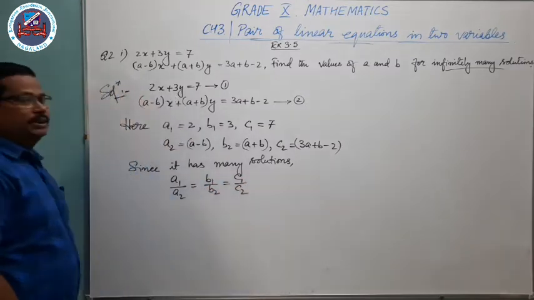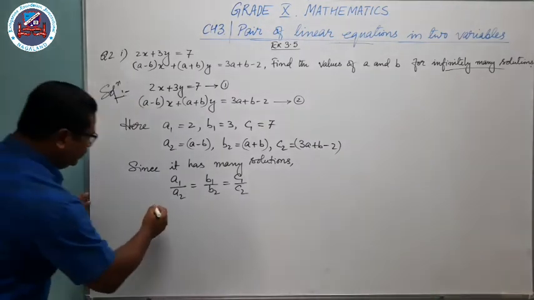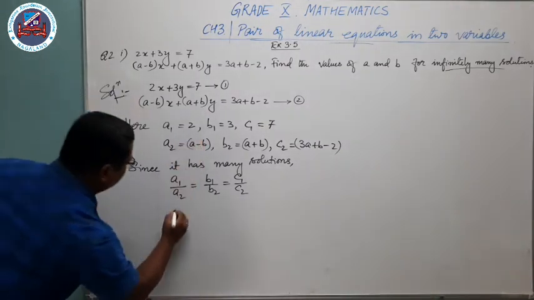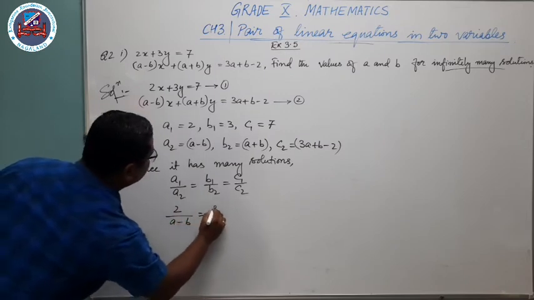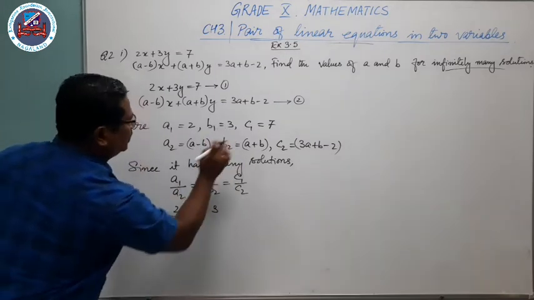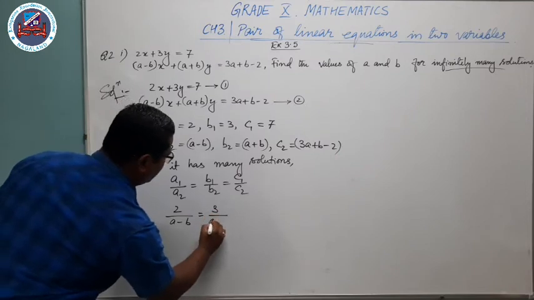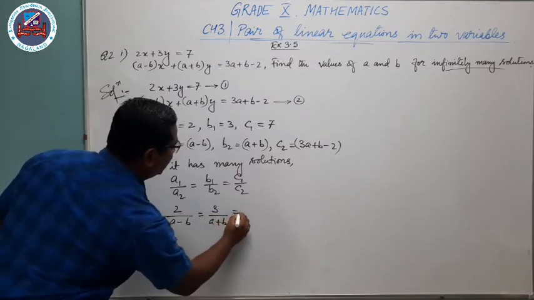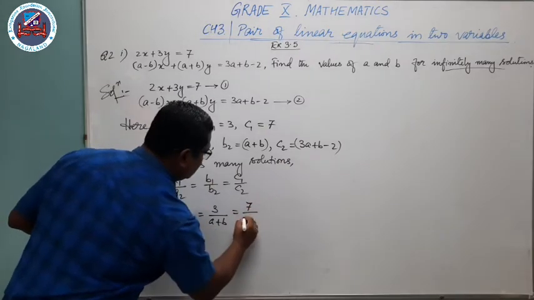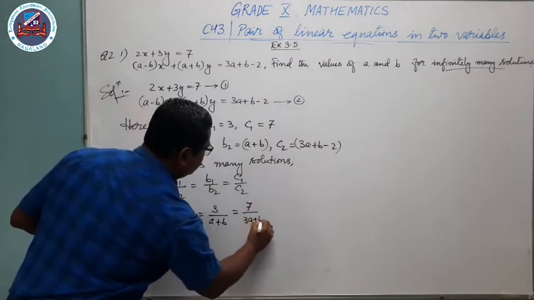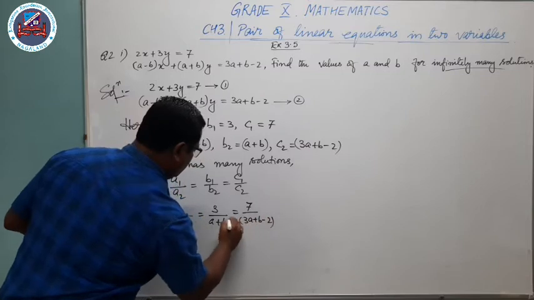You write down the condition. Then you put the values. a1 is 2, a2 is a minus b, b1 is 3, b2 is a plus b, c1 is 7, and c2 is 3a plus b minus 2.